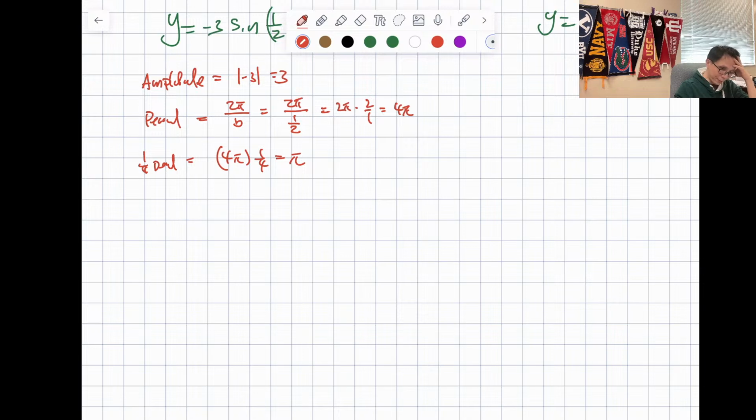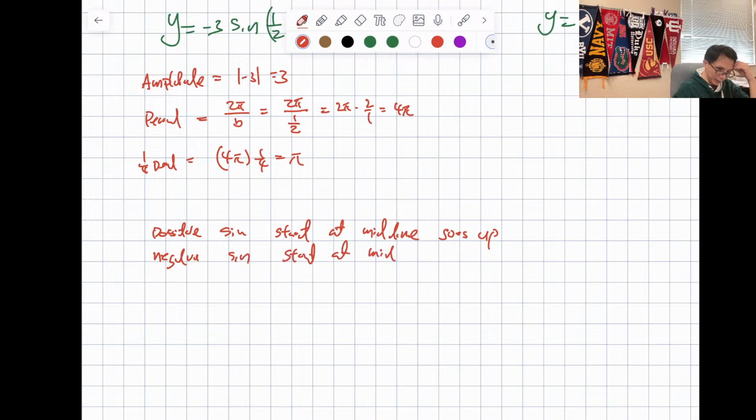If you have a positive sine, you can even write down: a positive sine starts at the midline and goes up because it's positive. If you have a negative sine, then start at the midline and go down.